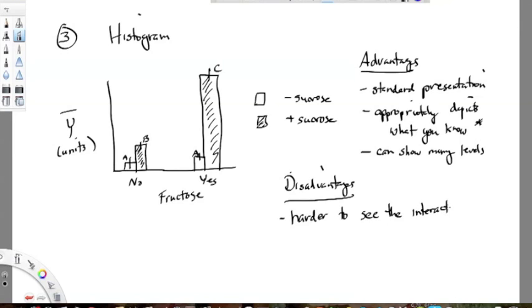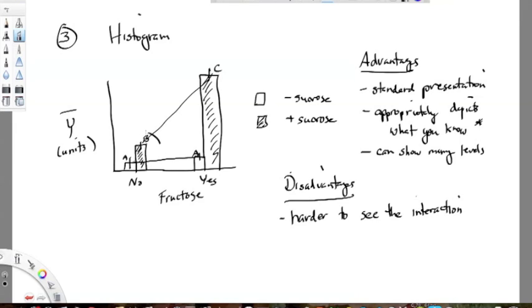Remember what interaction is. It's a differential response to levels of one factor depending on the levels of the other factor. So you kind of have to draw a line in your mind here, going from no to yes fructose versus going from no. So you might as well have a line graph, but it's a little bit harder to see that differential response.